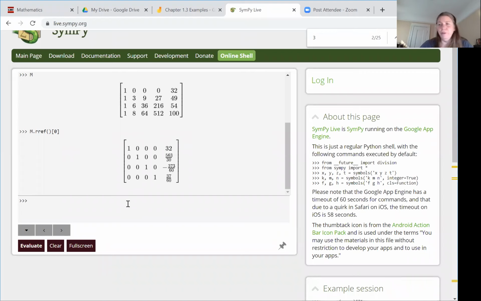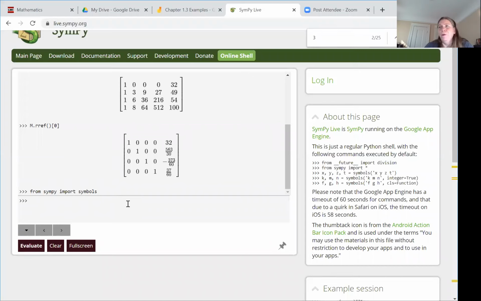I first need to import some libraries for plotting. So I type from sympy import symbols, all lowercase. And then I'm going to import the plotting function. I previously typed all this in to save some time here.